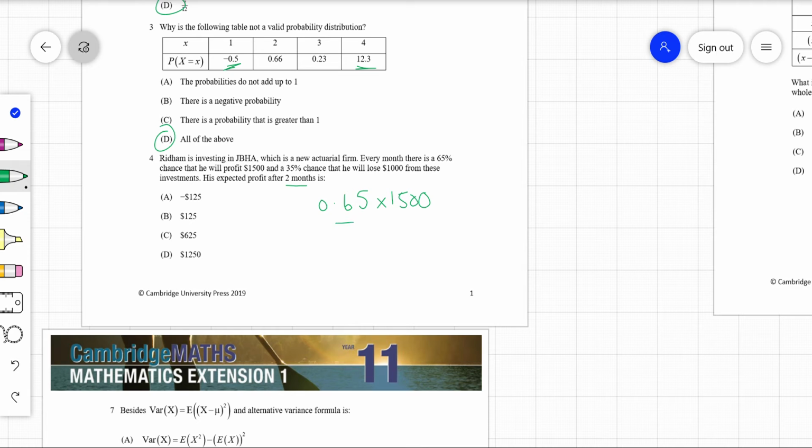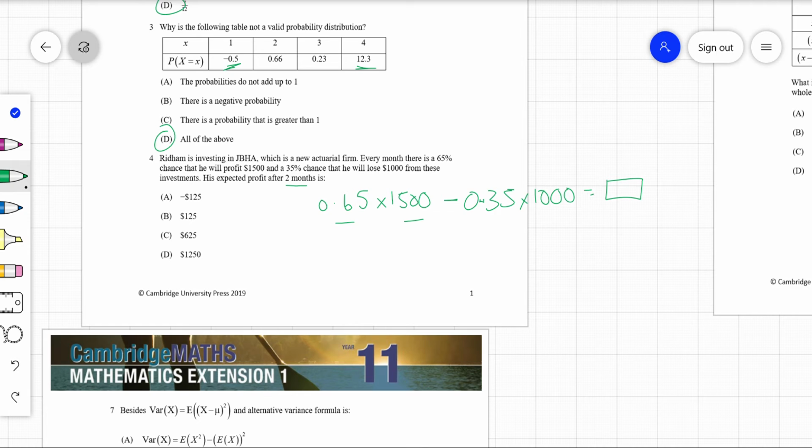So it's like a probability times the score, minus, because he's expected to lose 35% of the time, $1,000. When we do that, we get some answer. I didn't write that answer down, but remember that's each month.